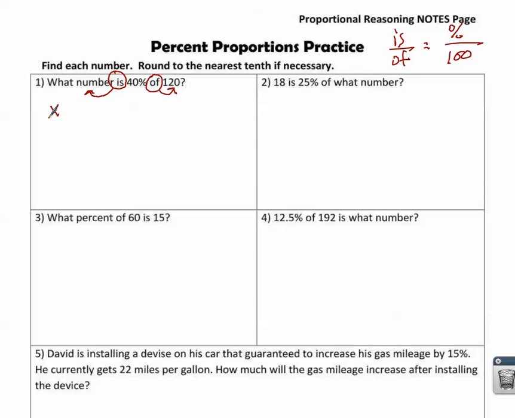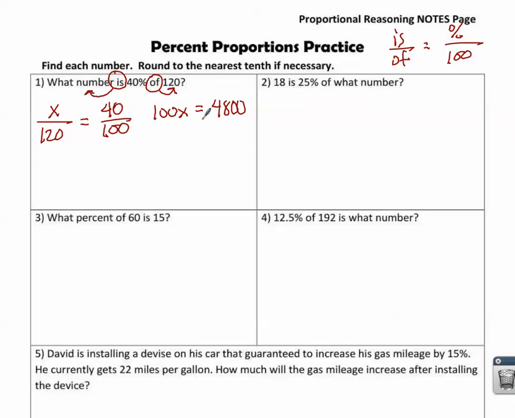So you're trying to figure out what part of 120 is going to be 40%. And your percent is out of 100. So now I do the butterfly method, same as I've been doing, and solve. X times 100 is 100x. 40 times 120 is 4,800.